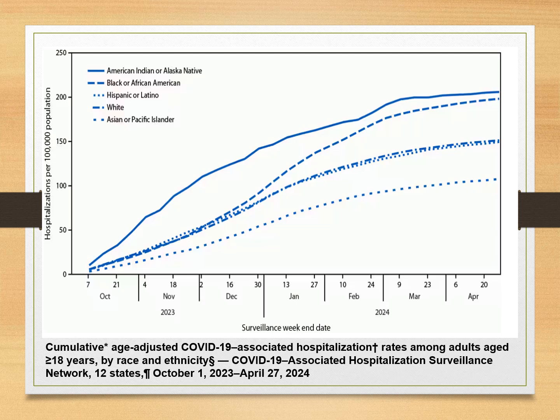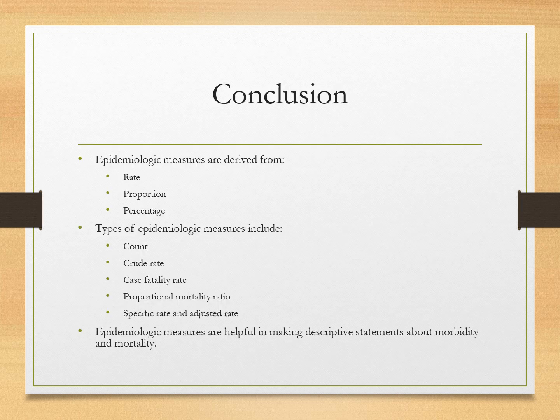Here we are looking at cumulative rates, which represent the sequential sum of weekly hospitalizations divided by the population within the catchment area. These cumulative rates provide a comprehensive view of the total impact over time, adjusted for age differences within the population.